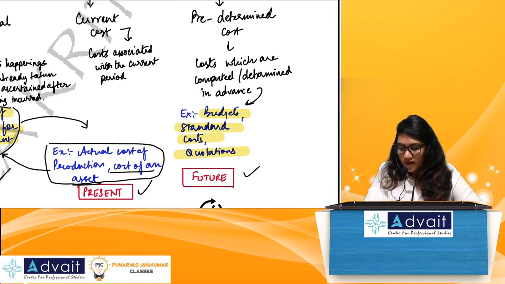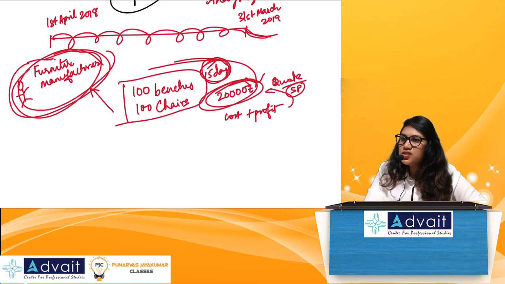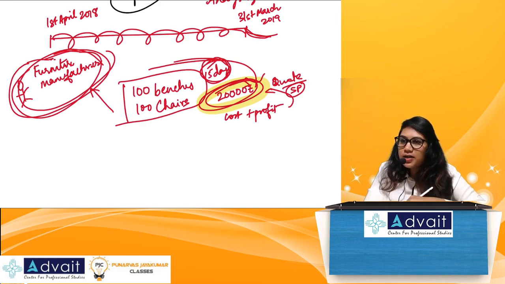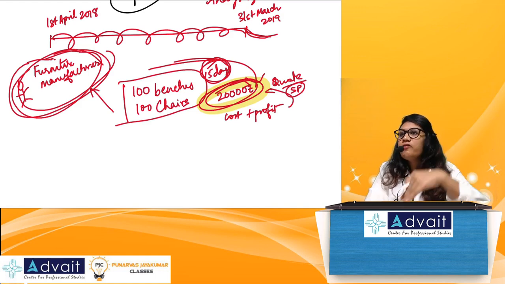The furniture manufacturer in our example here, for 100 benches, 100 chairs, said that he is going to quote 2 lakh rupees. Has the production of those benches and chairs started? No. But without him starting production, he said 2 lakh rupees I'm going to charge. Correct? So he has already estimated what his cost could be, added profit to it, and then given you a quote.